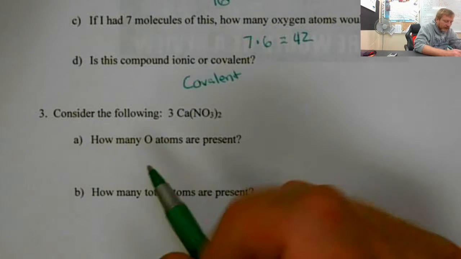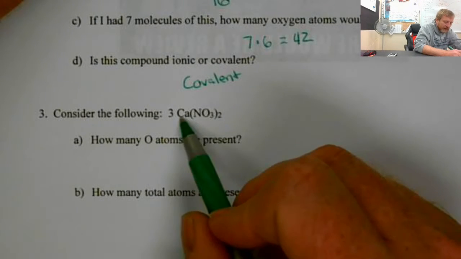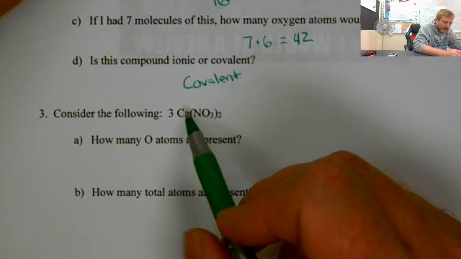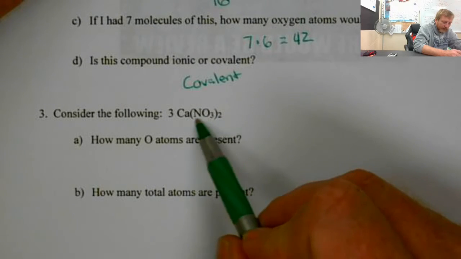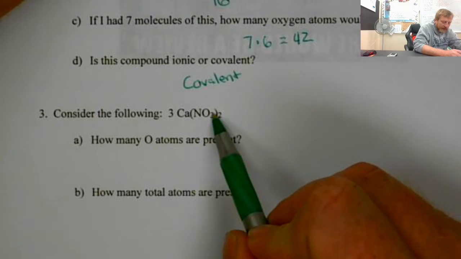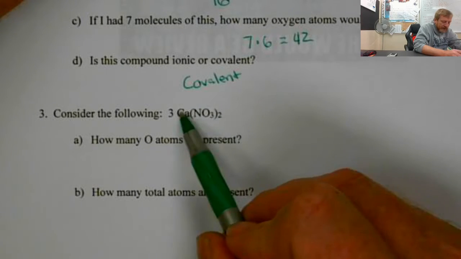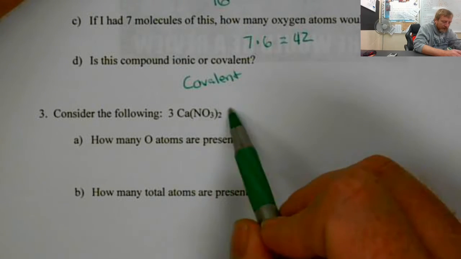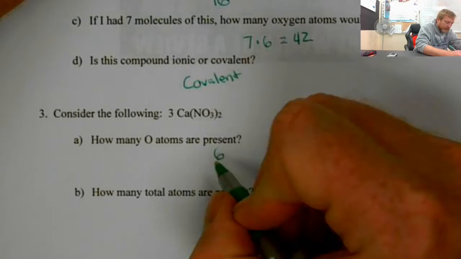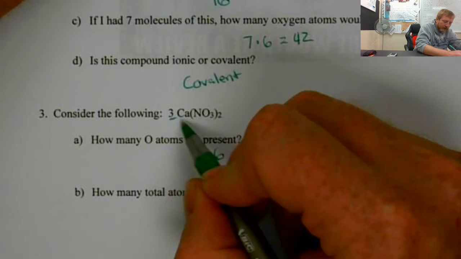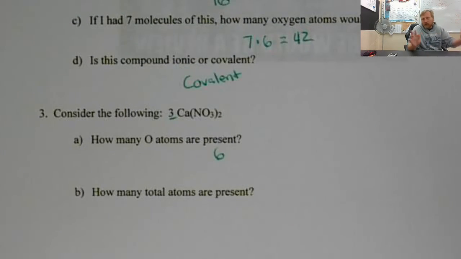Down on the bottom here, how many oxygen atoms are present? In each one of these compounds, there are 2 groups of nitrates, this NO3 stuff. Each of those has 3 oxygens, so each formula unit will have 6 oxygens. But now we have 3 of those so-called molecules.